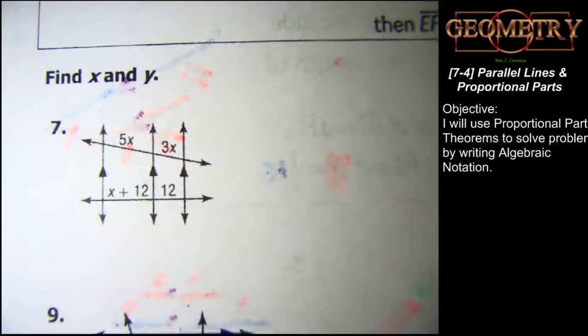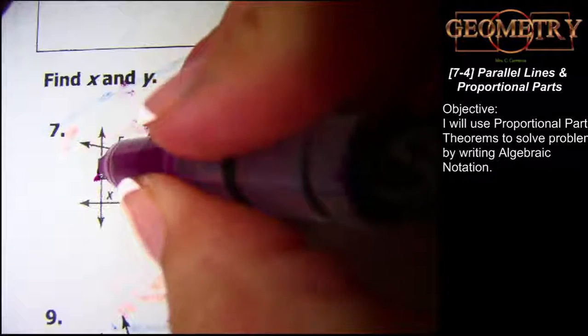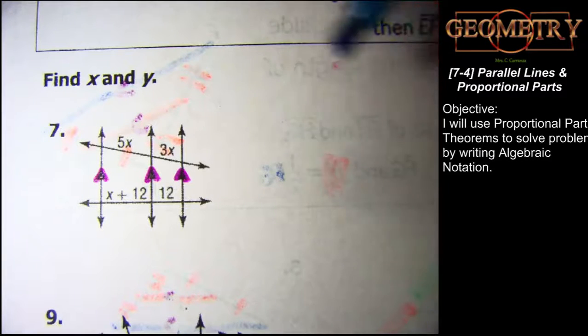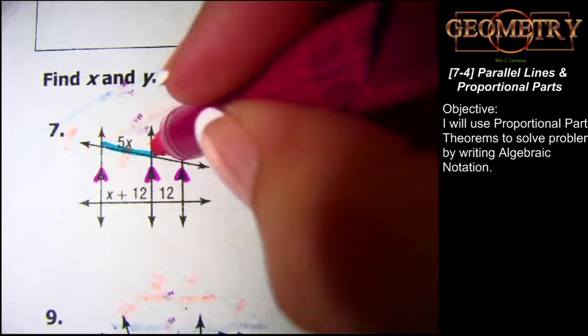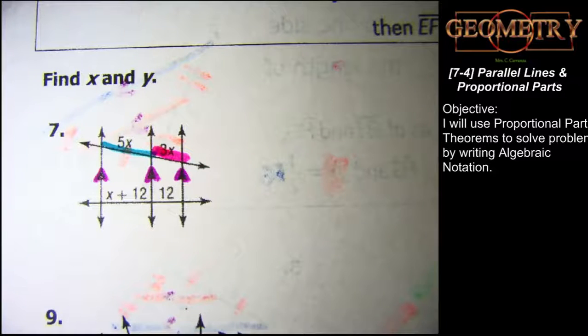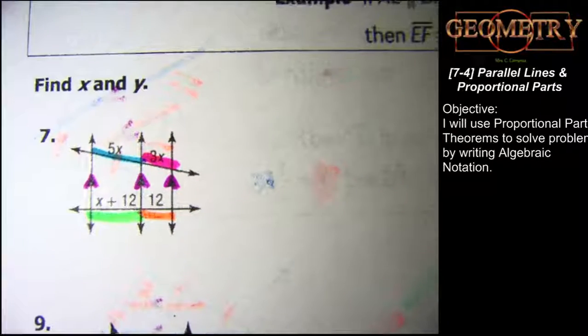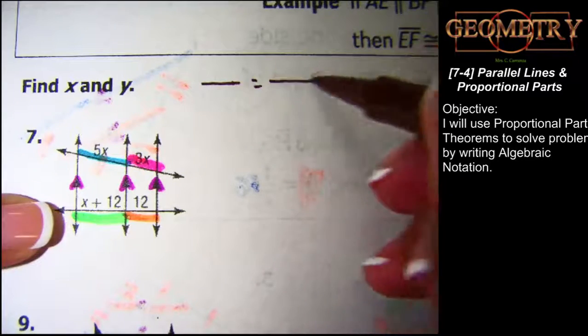Alright, let's set this one up. What do we have? We have 3 parallel lines and 2 transversals, which must mean that x plus 12 over 12 is equal to 5x over... It means that these pieces of the transversal can be written as a fraction, and the fraction will be equal to those two pieces of the other transversal written as a fraction.